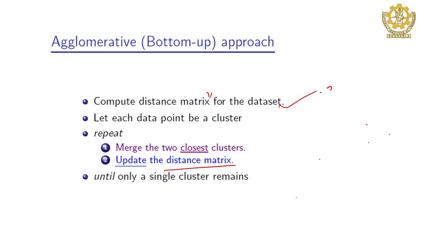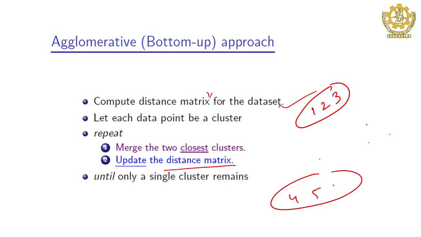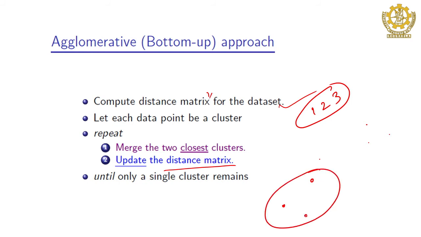Let us say you have points here, 1, 2, 3, and points here, 4, 5, 6. Now, if I say here this is one point, here one point, and here you have points, and here also you have points.